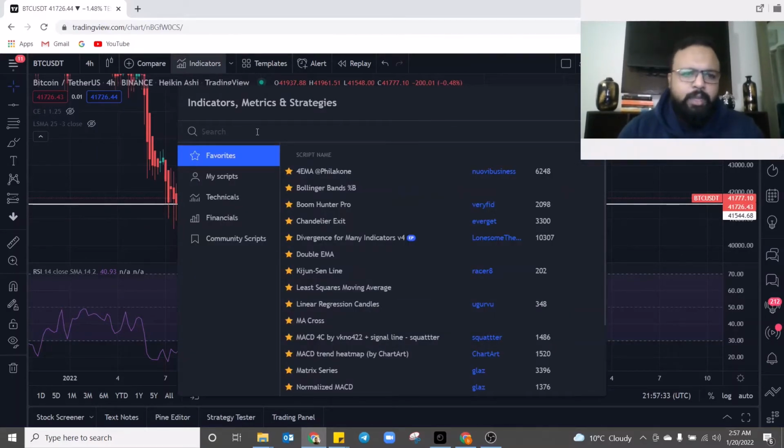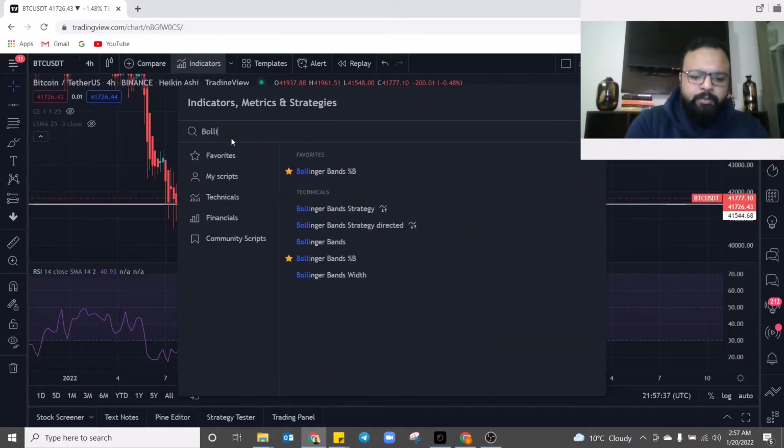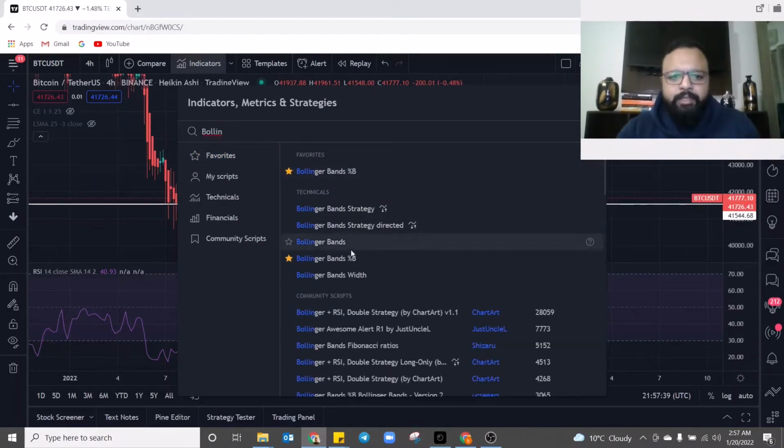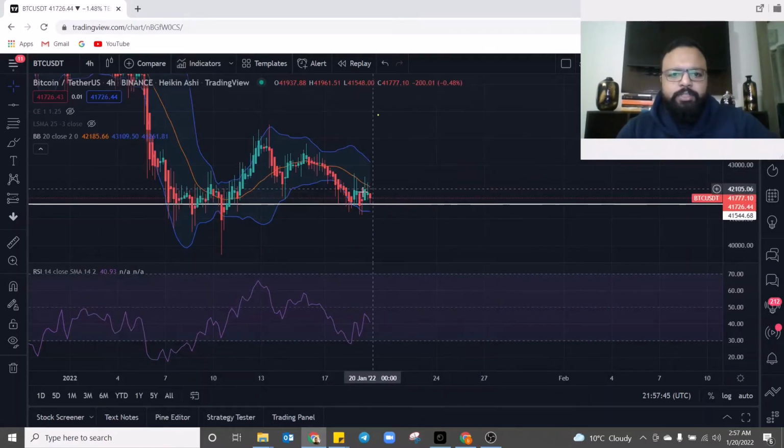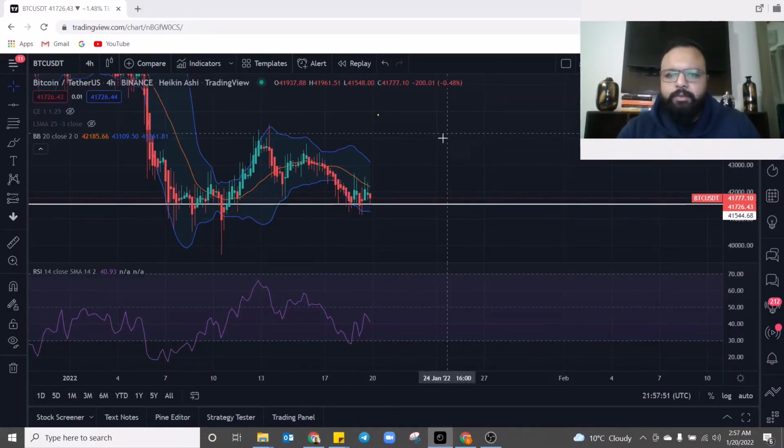So we'll come here onto the indicators, and we'll write Bollinger Band, and here I'll star it, and it's on our charts. Now, Bollinger Bands is such a beautiful indicator.